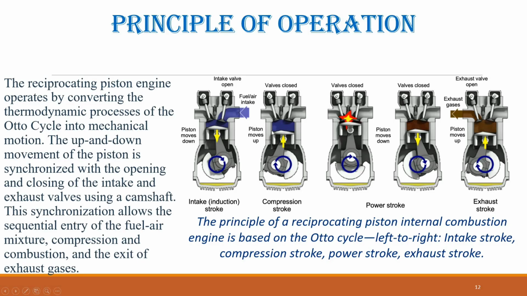The piston moves upward, compressing the mixture to a point suitable for combustion. 3. Power stroke. The spark plug ignites the compressed mixture. Expanding gases force the piston downward, driving the crankshaft. 4. Exhaust stroke. The exhaust valve opens and the piston moves upward, expelling the combustion products. The cylinder is now ready for the next intake stroke.